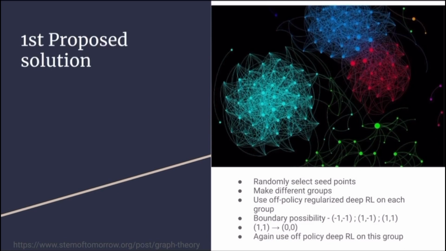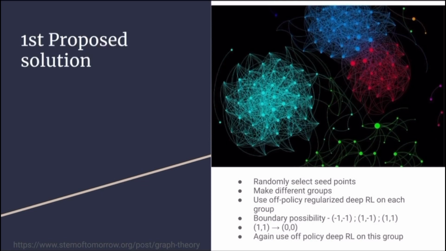Like one seed point, then its neighbors will be in that same group, and eventually those groups will be formed. So after this, once our groups are formed, we are going to again use the same algorithm which we saw earlier, that off policy regularized deep reinforcement learning, on each of these groups.